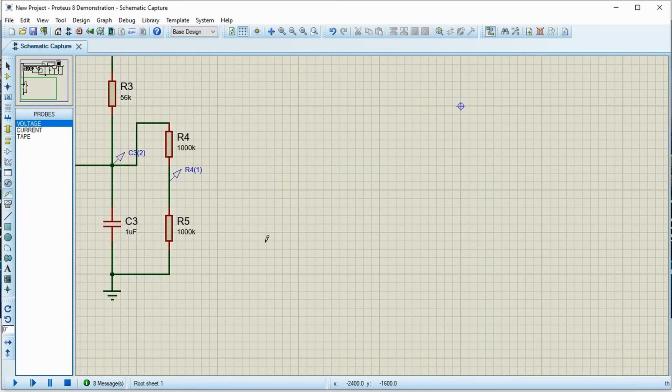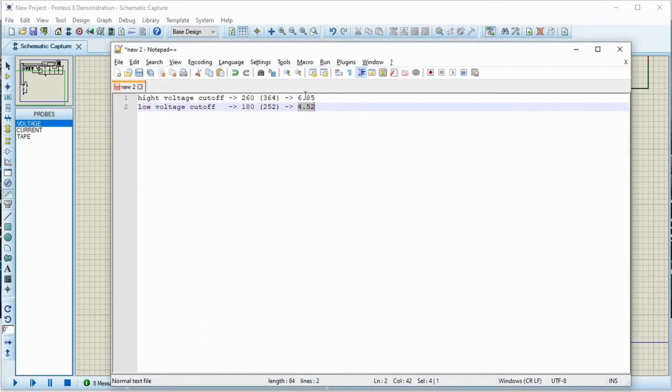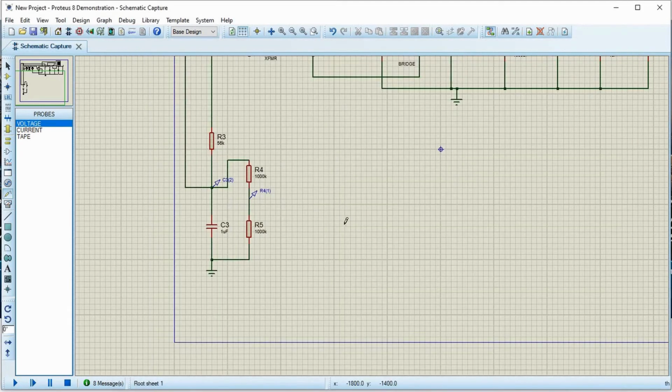Practically you will have to use a pot, but in the previous example we saw that the pot was not very useful because I was not able to fine tune the variation. So I can either use a voltage source or a potential divider. So let's first do it for high voltage, that is 6.85, one of the comparators at higher voltages.